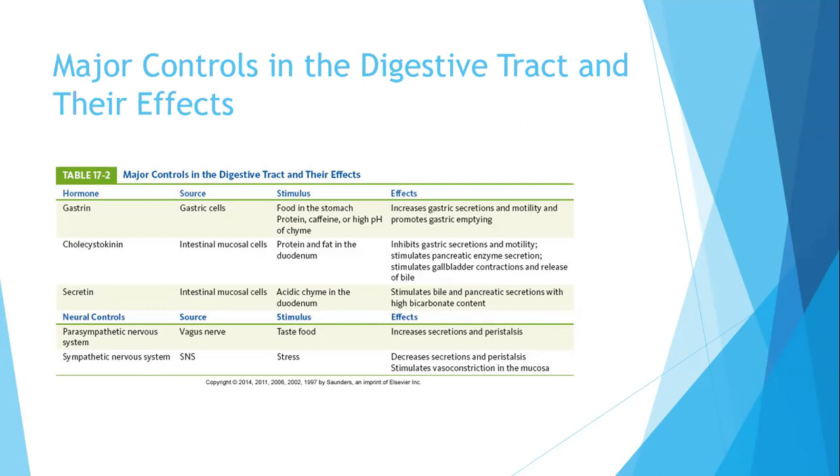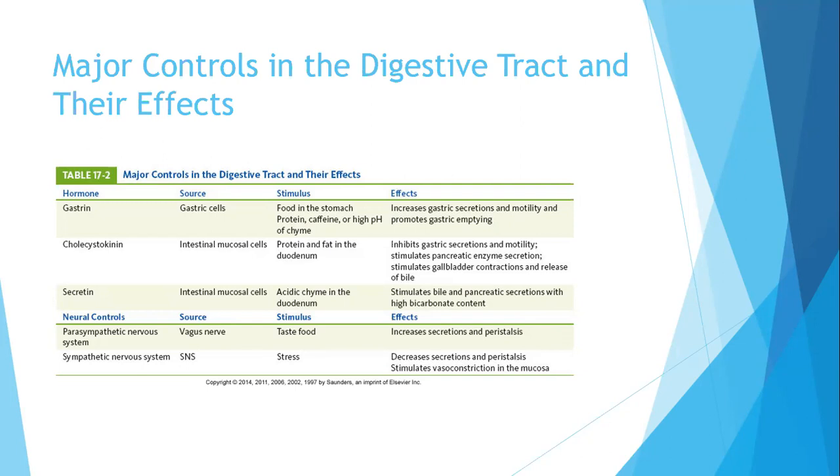Cholecystokinin is produced by the intestinal mucosal cells. I'm not going to expect you to remember all these either. But it's stimulated by protein and fat in the duodenum, and it inhibits gastric secretions and motility. So a lot of hormones have opposite effects, like insulin and glucagon have opposite effects. Gastrin and cholecystokinin have opposite effects.